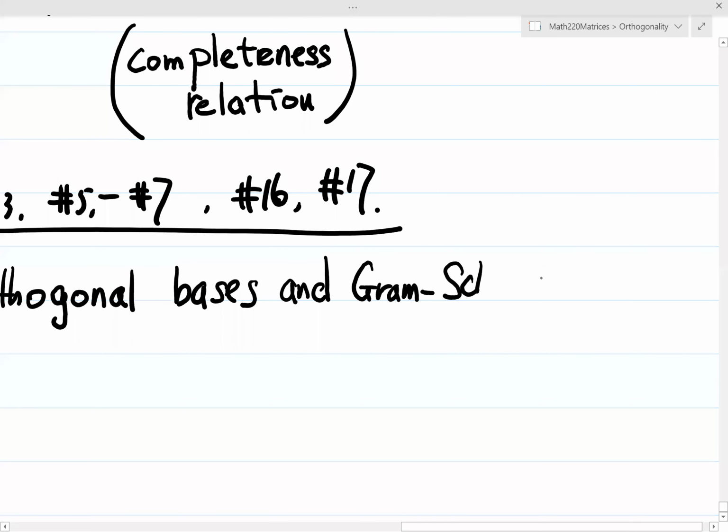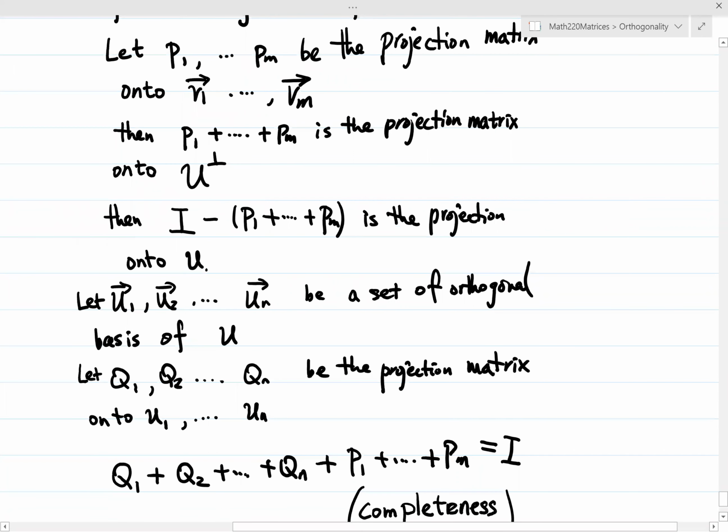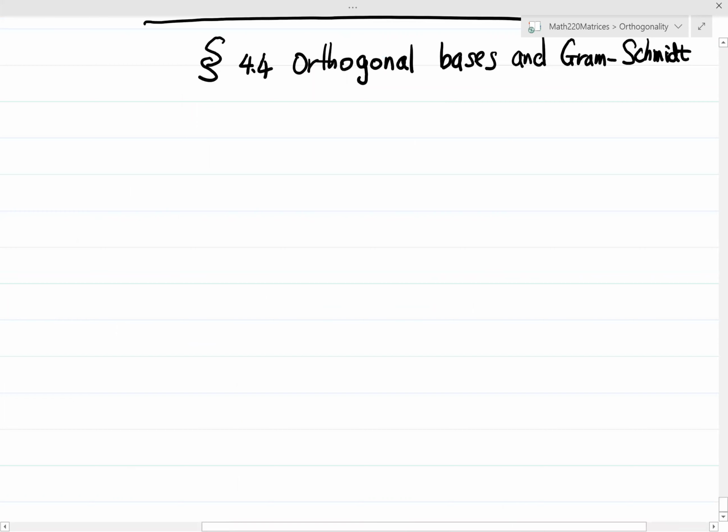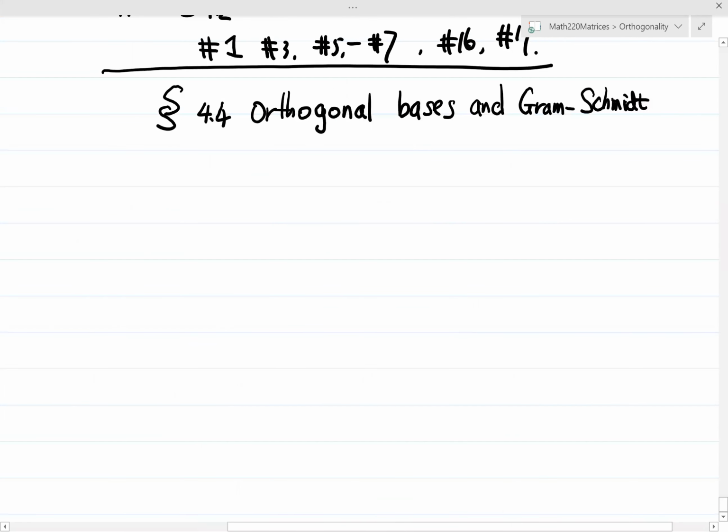Okay, so the question is the following: given a set of linearly independent vectors, how do we find an orthonormal basis? Given a set of vectors, linearly independent, of course.